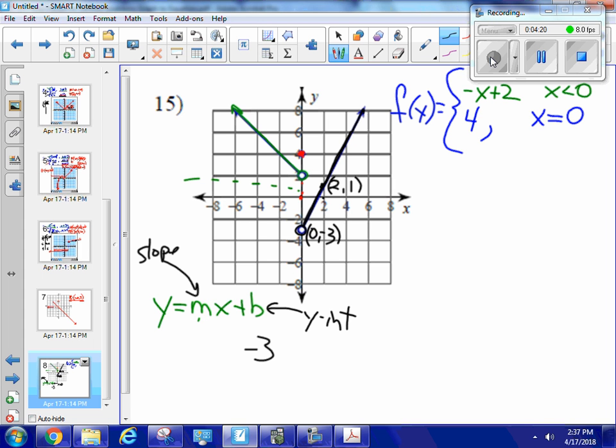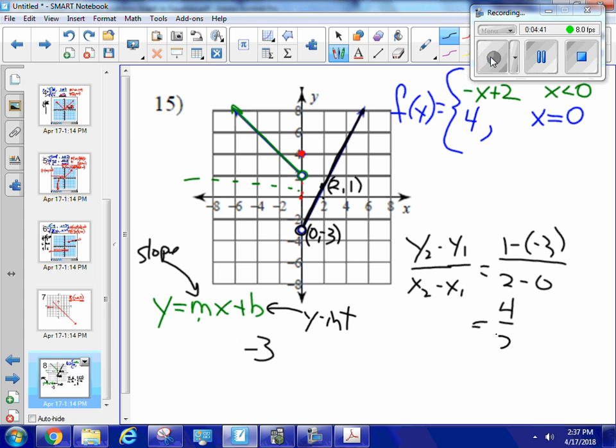So let's do slope the old-fashioned way. y2 minus y1 over x2 minus x1. So we'll go 1 minus -3 divided by 2 minus 0. So that is 4 over 2. That's telling me that has a slope of 2.